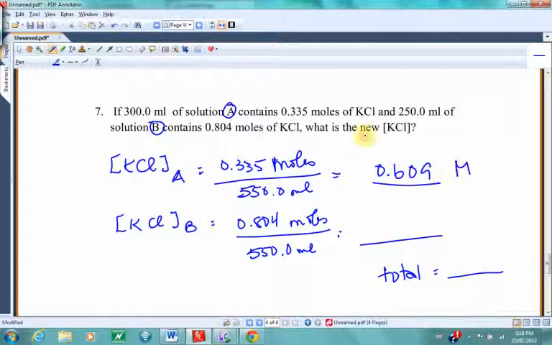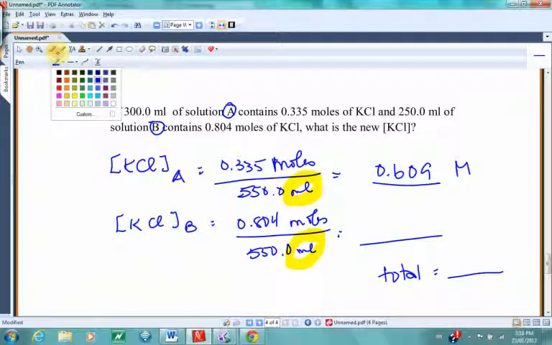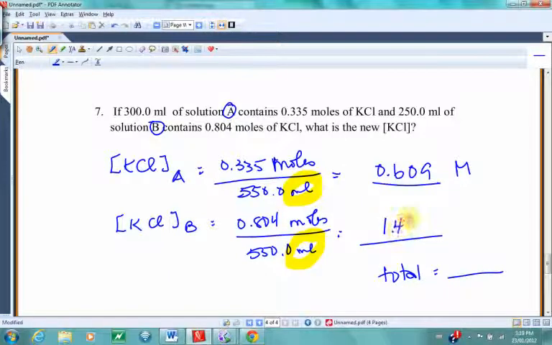And the other, 0.804 divided by 0.5500 equals 1.46 molar. Add them up, equals 2.07 molar. Okay, what I was going to show you was the other way of doing this.